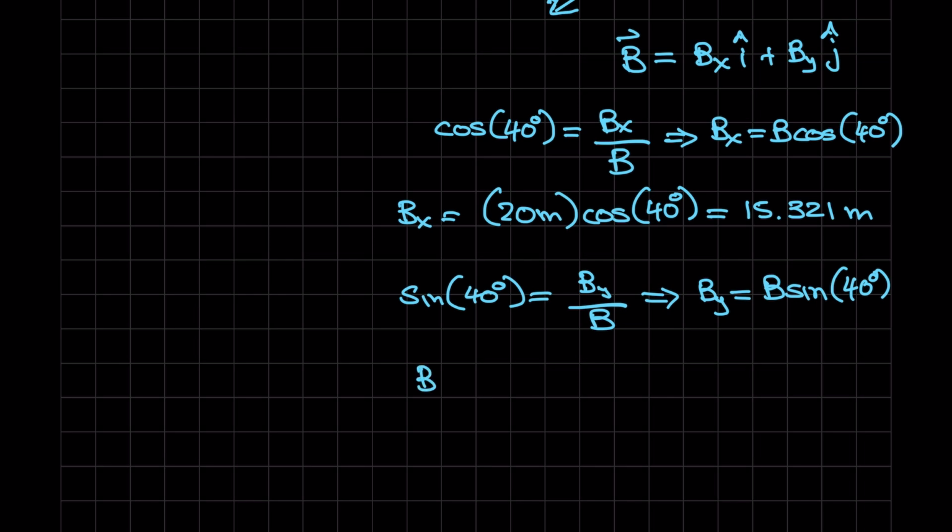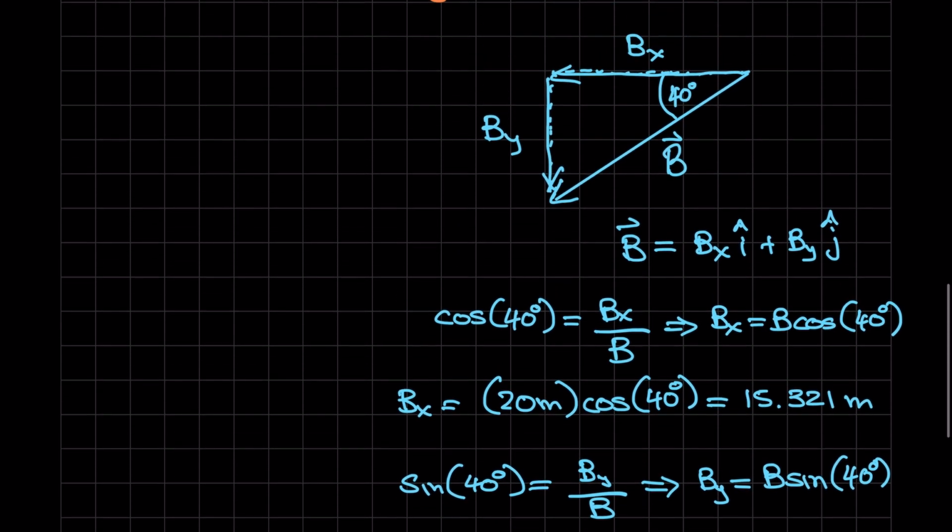So By is equal to 20 meters, the magnitude of B again, times sine of 40 degrees, which is equal to 12.856 meters. Okay, so we have the parts.